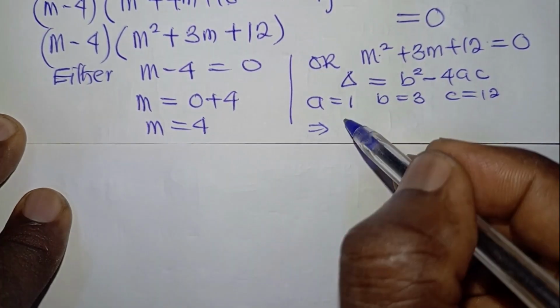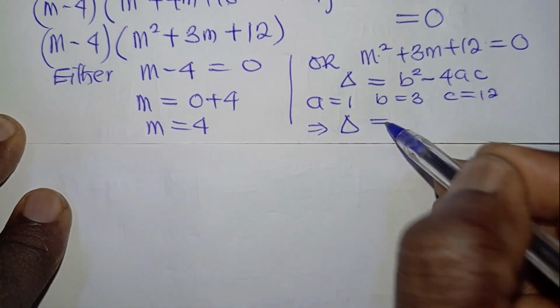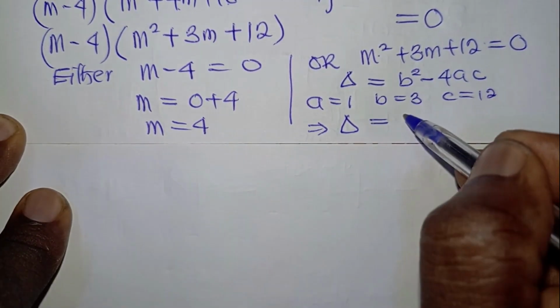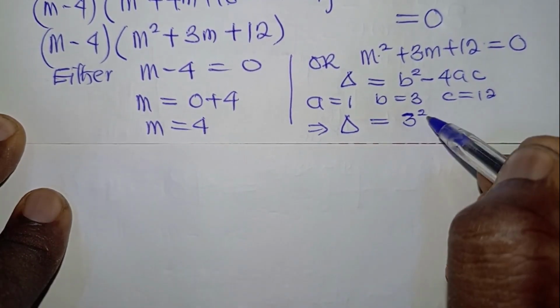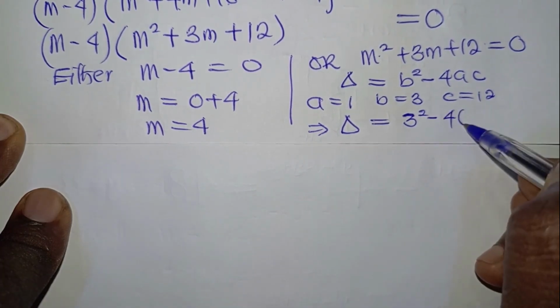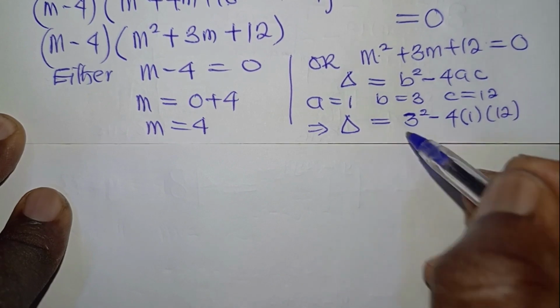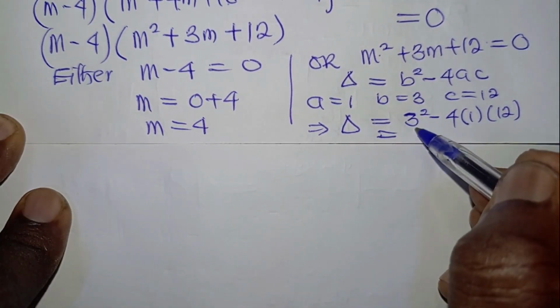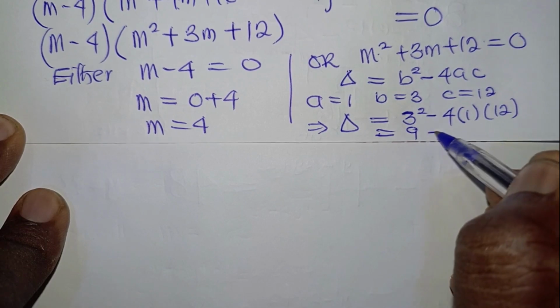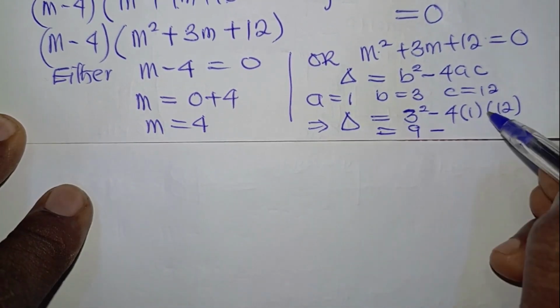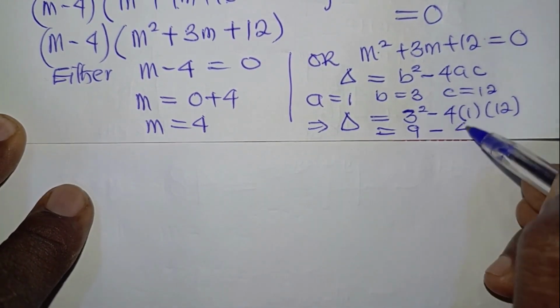So this implies the discriminant is b squared, that's 3 squared, minus 4 times a, a is 1, and c is 12. So this is equal to 9 minus 4 times 1 times 12, which is 48.